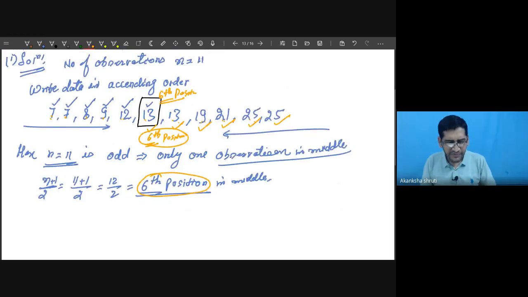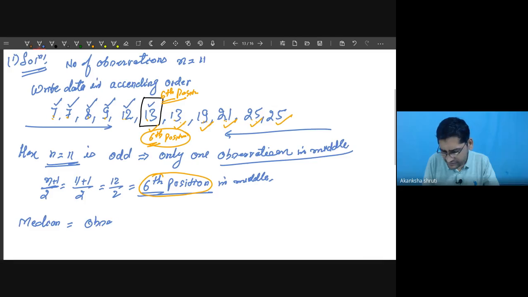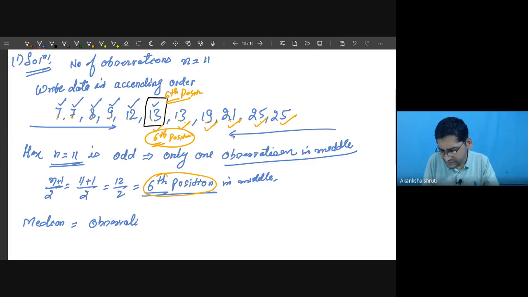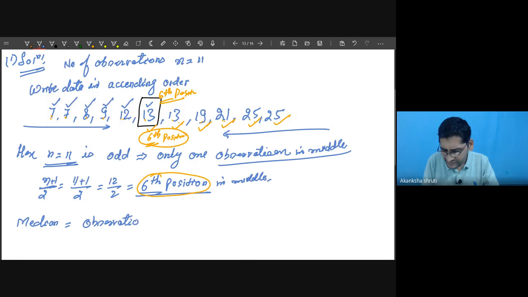So the median is equal to the observation at which position? At the (N plus 1) by 2 position.